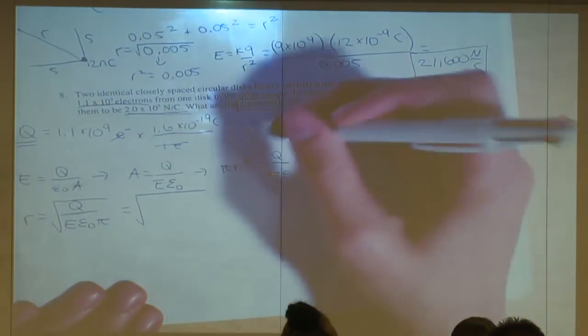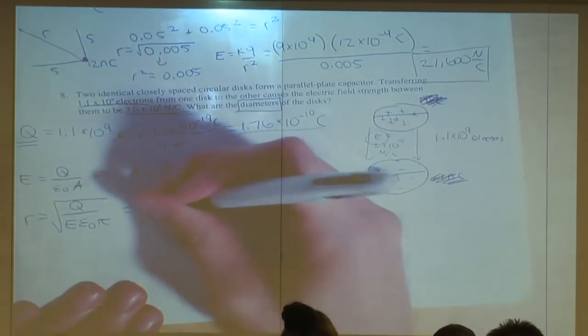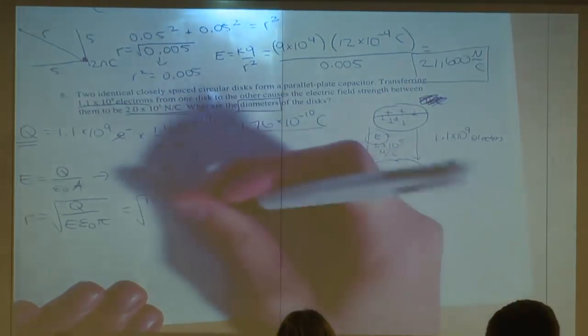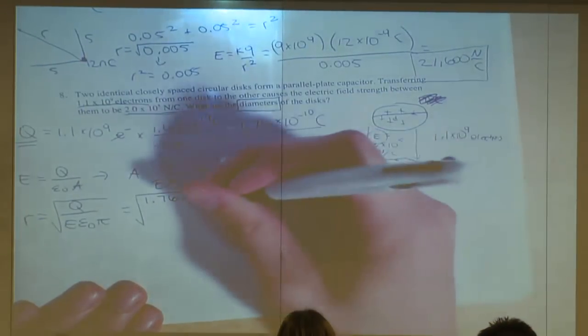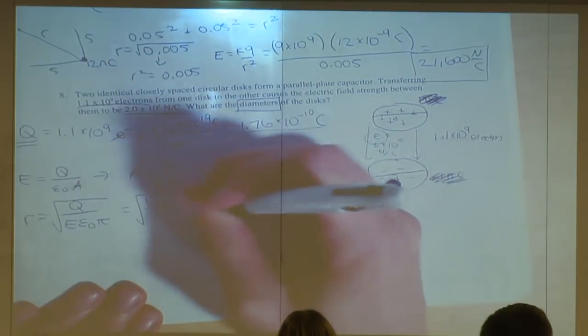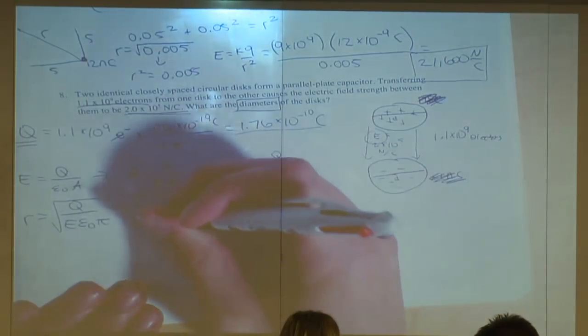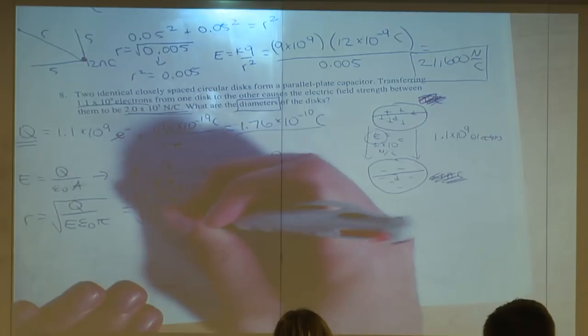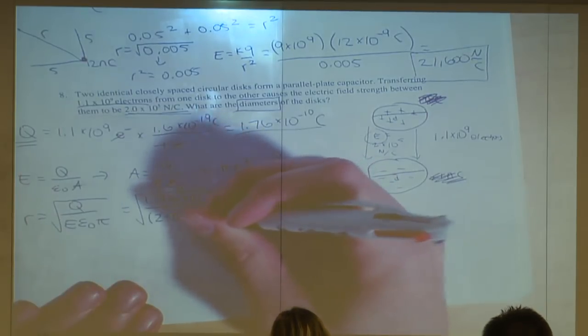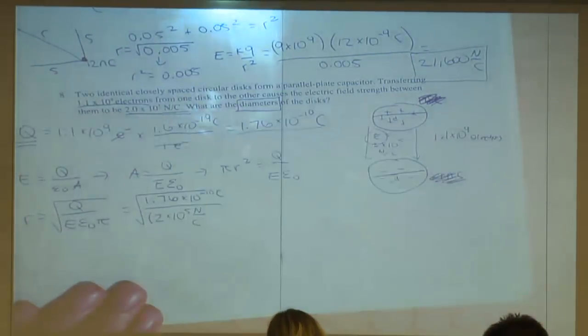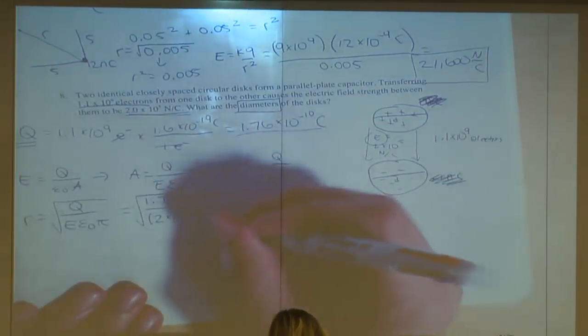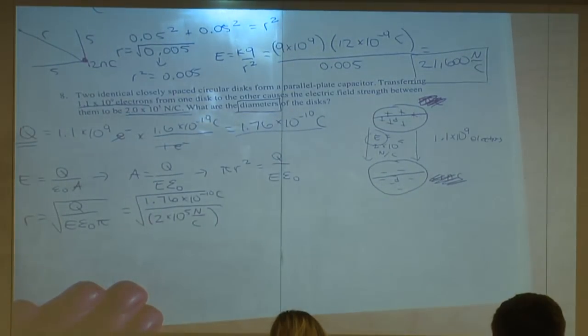We already know what Q is: 1.76 times 10 to the negative 10th coulombs. And then we're given E, 2 times 10 to the 5th newtons per coulomb.